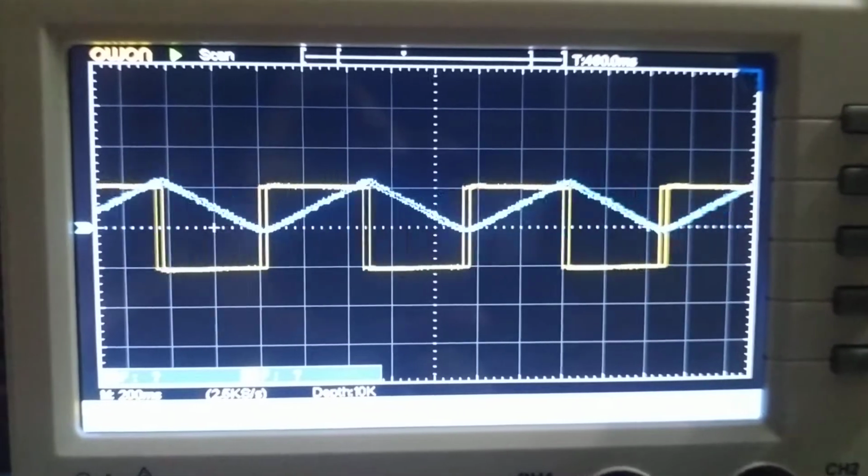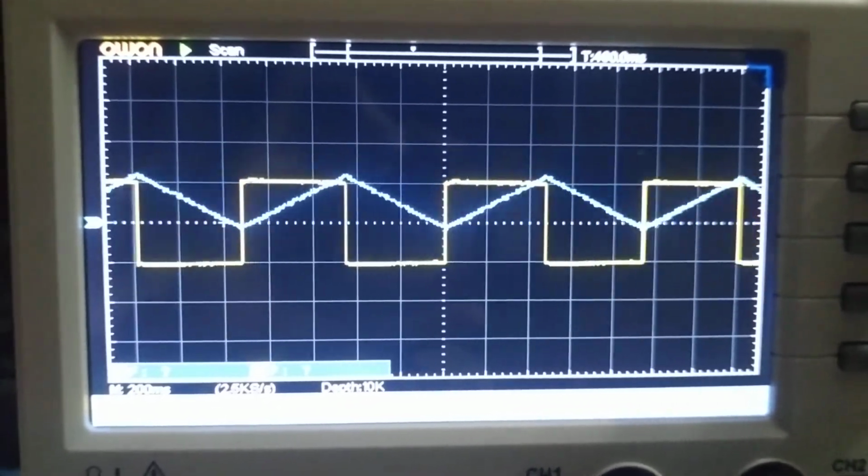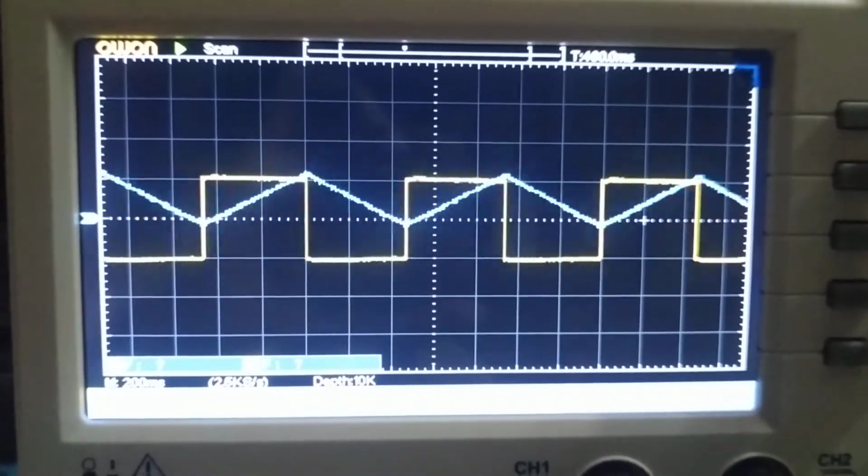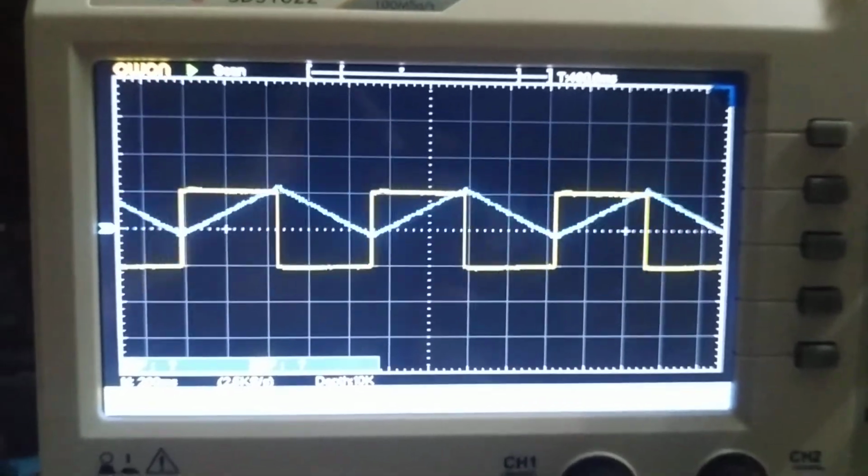Now we will check the derivative mode, that is the D, by varying the D parameter.